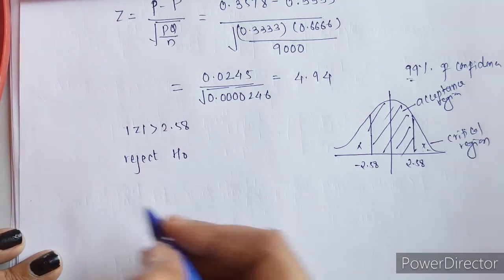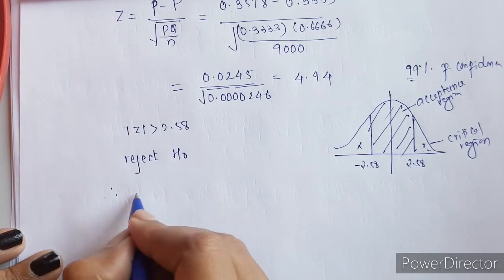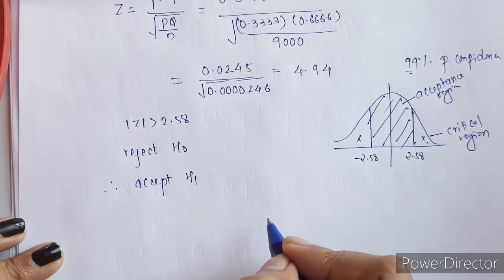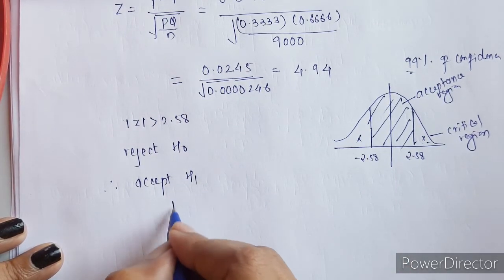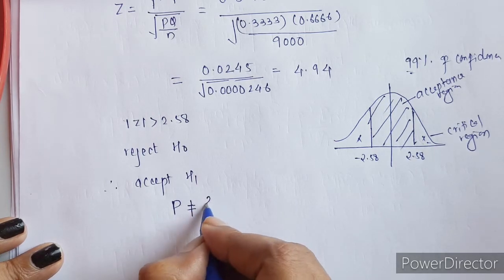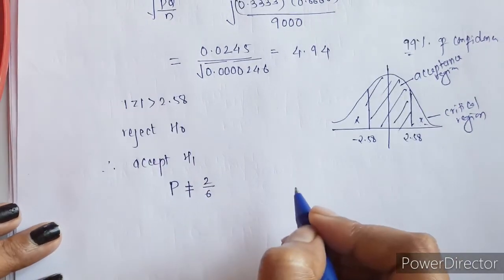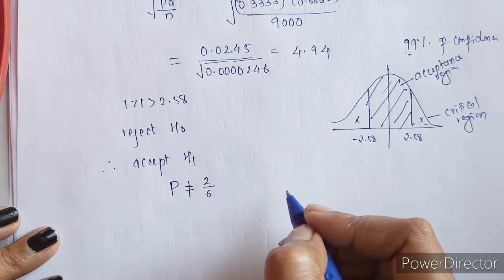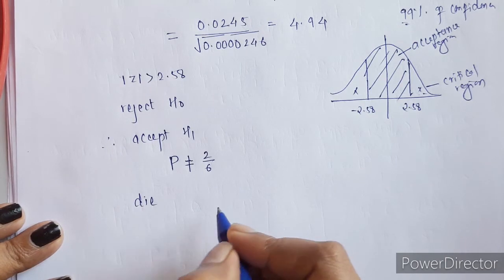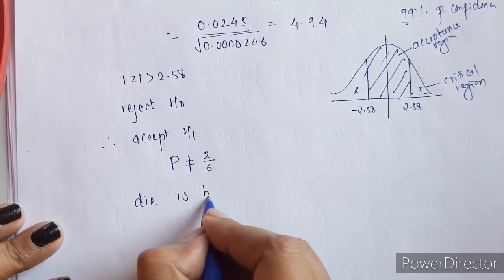Since we are rejecting null hypothesis, therefore we have to accept our alternate hypothesis, that is population proportion is not going to be 2/6. If population proportion is not 2/6, it means the particular die whatever we have taken is biased.